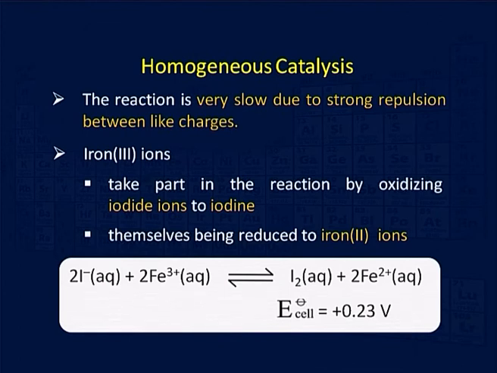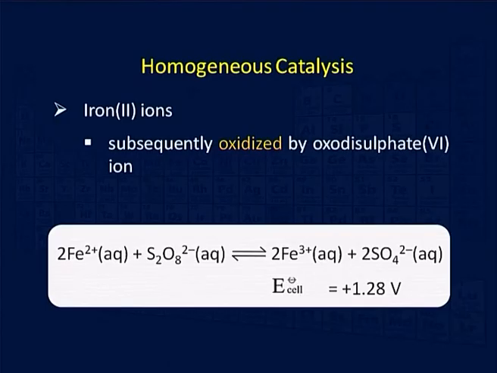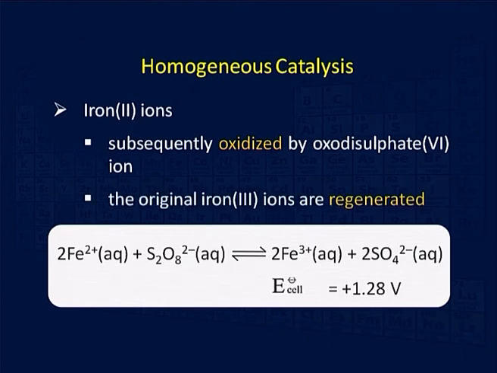Here, if we use Fe3+ as a catalyst, then Fe3+ takes part in the reaction and oxidizes the iodide ion to iodine, and in this reaction the iron itself is reduced to Fe2+. In the next phase, the Fe2+ ion is subsequently oxidized by the peroxodisulfate ion, and at the end of the reaction Fe3+ is regenerated.